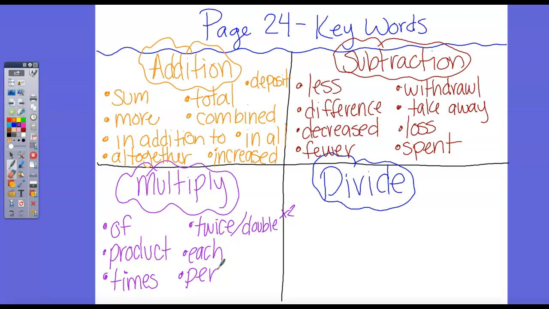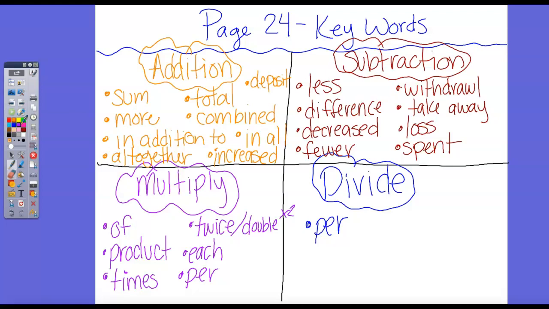So per is one that you have to read into the context of to see if it's multiplication or division. Per is not one that you can just use a rule for. So I'm going to write that over here for division too. For multiplication, the per is interchangeable with each. If you think that you could say each instead of per, you're going to multiply. If you're going so many miles per hour or something like that, then that's going to be division.